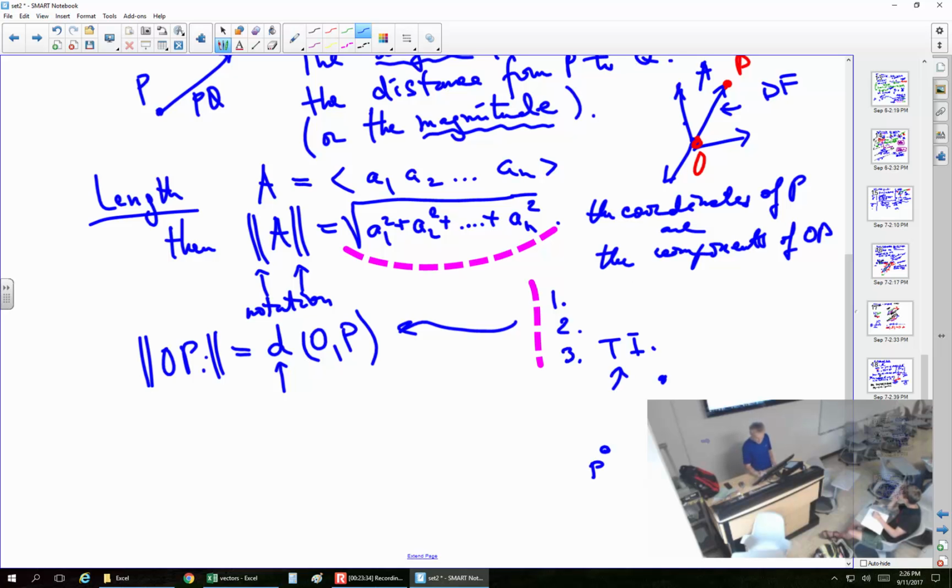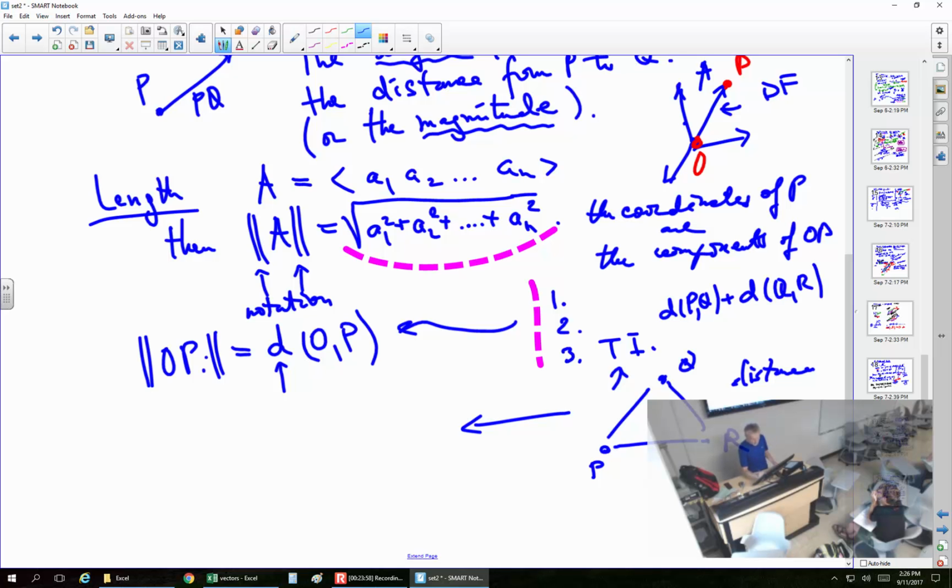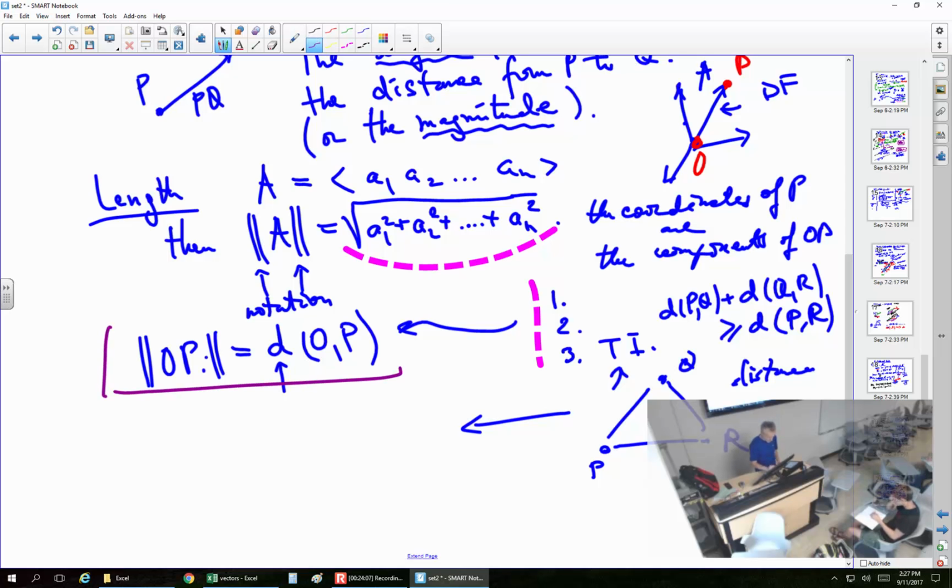With points P, Q, R, this distance plus that distance is larger than or equal to the distance from P to R. So the distance from P to Q plus the distance from Q to R is larger than or equal to the distance from P to R. Now using the transition from distances to magnitudes, let's take the triangle inequality for magnitudes.